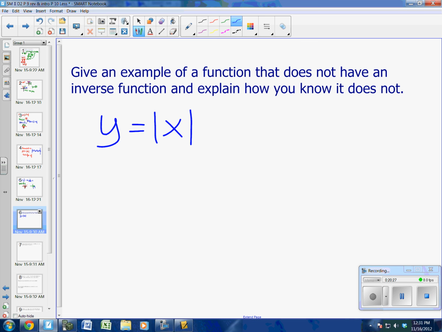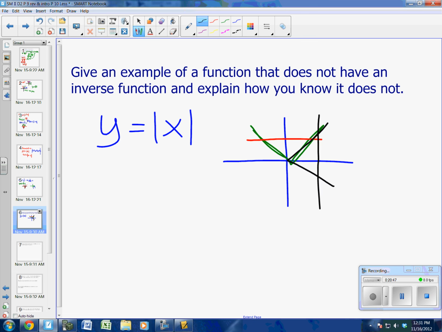Yeah. How can we tell? Yeah. That it doesn't pass the horizontal line test. If I was to draw a horizontal line, it wouldn't pass it. That means if I was to graph its inverse was like that, and this inverse would not pass the vertical line test, right?